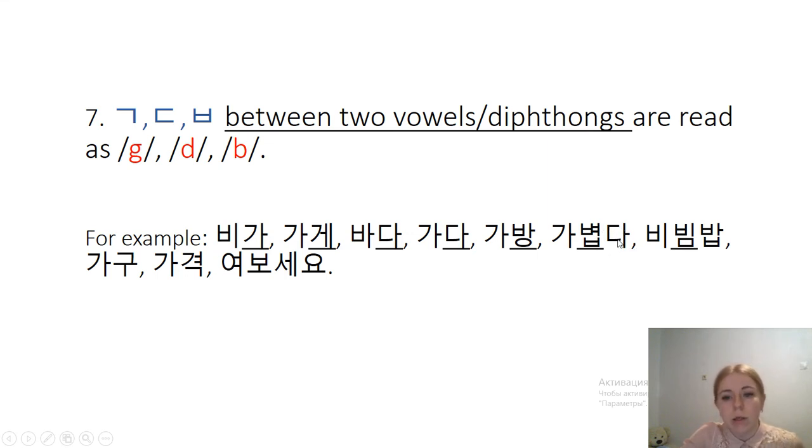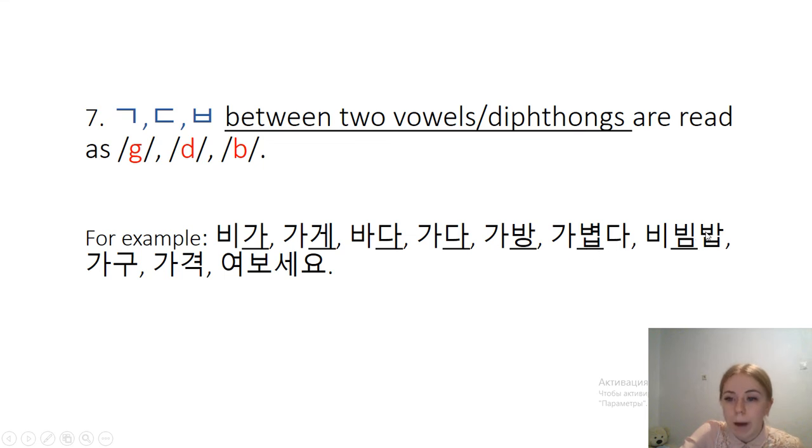T is a consonant, so we read 가벼, 가벼, but pta, p. We read it here like p, not b sound. So it is 가볍다, 가볍, b, but p in 받침.